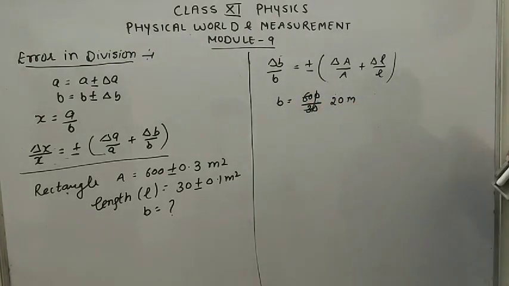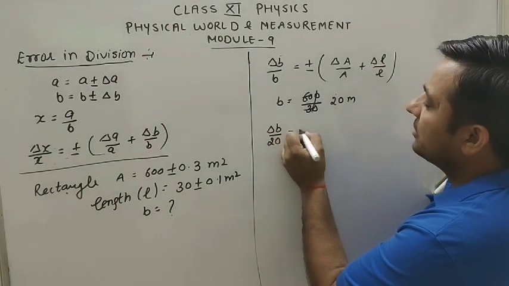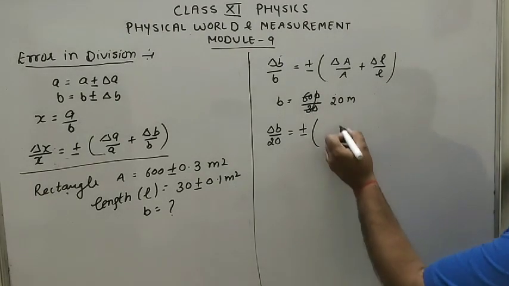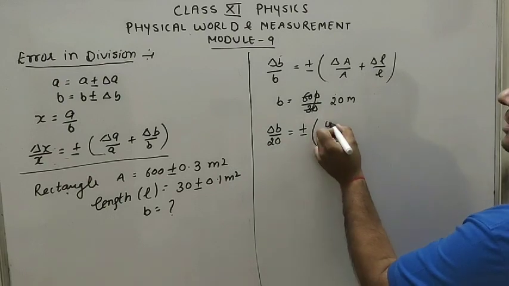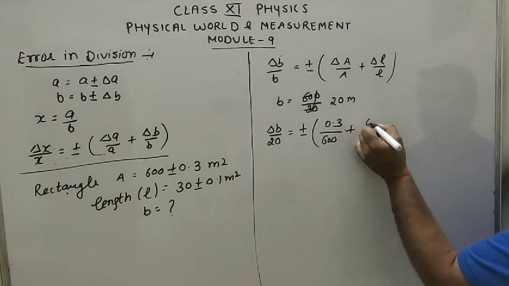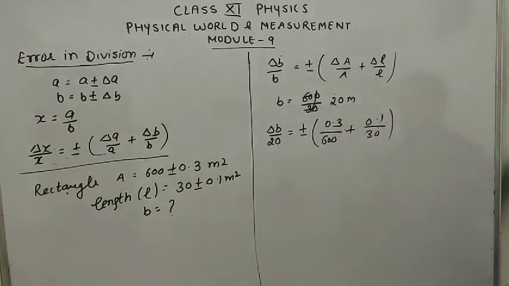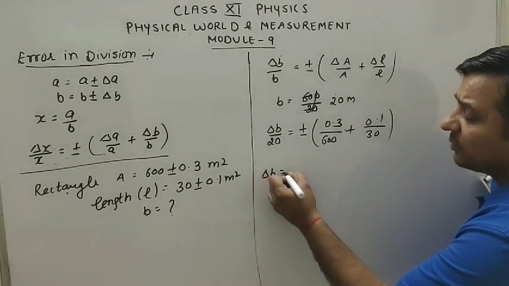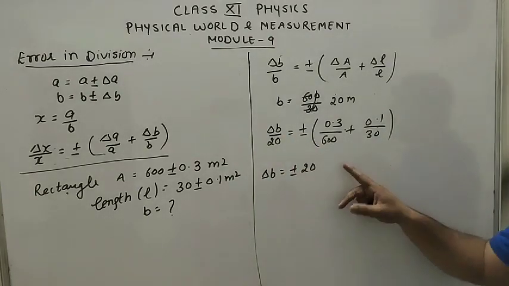Now delta B by 20 is equal to plus minus delta A. Delta A given here is 0.3, so 0.3 upon 600, plus 0.1 upon 30, delta L by L, length. So delta B is equal to plus minus, by cross multiplying, 20 comes here.